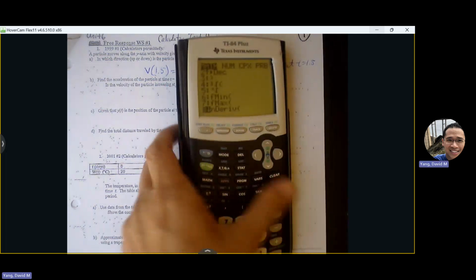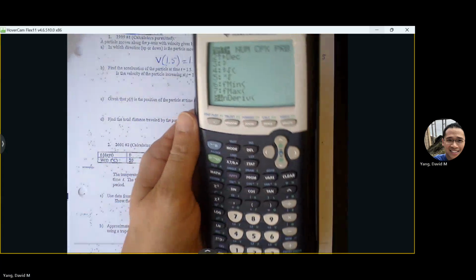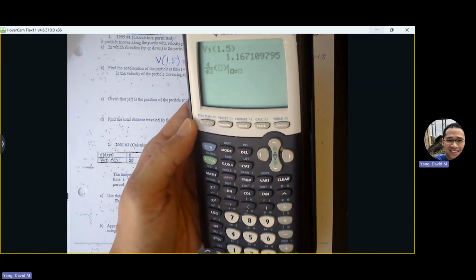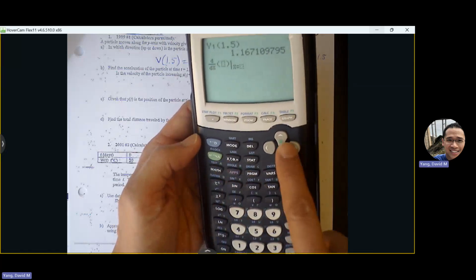This will allow you to find the derivative at a point. So you're going to just do d over dx. We're always finding the derivative with respect to x.